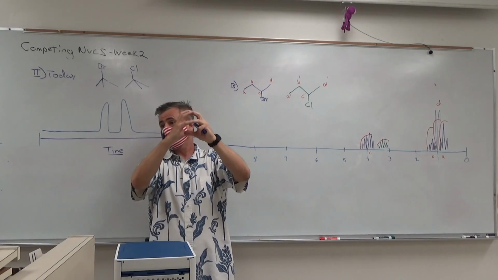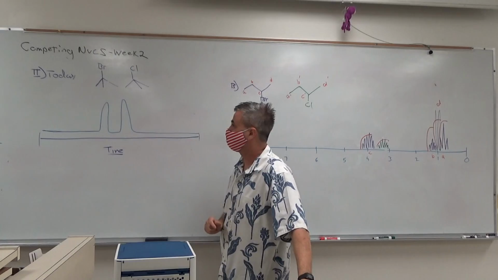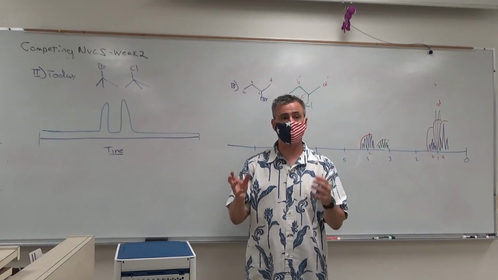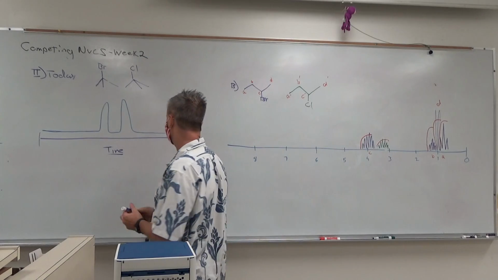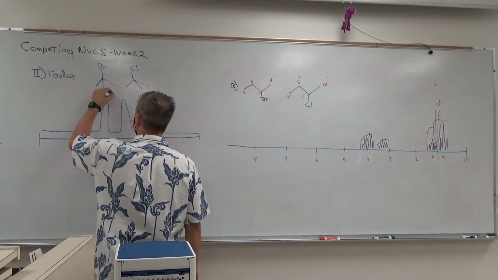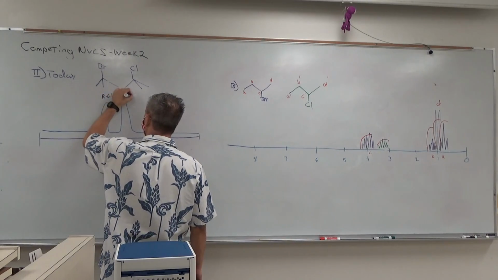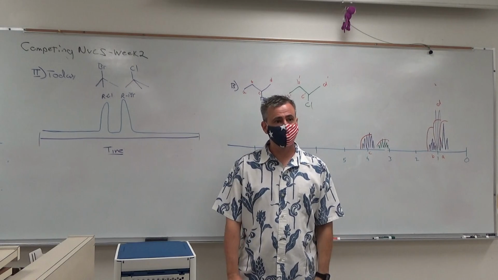Chlorine is a softball. Fluoride is a marble. And so dispersion forces play a much bigger part in the difference of these two. So we would expect your alkyl chloride to come off first. Does that make sense, folks? Okay.